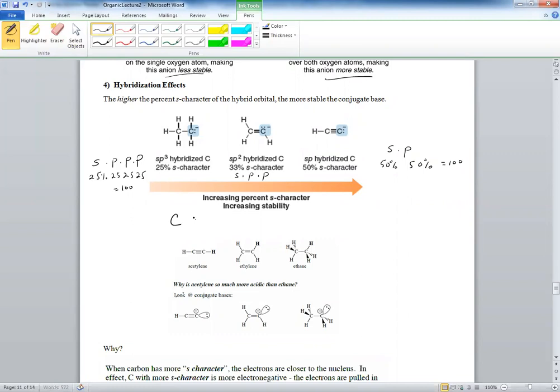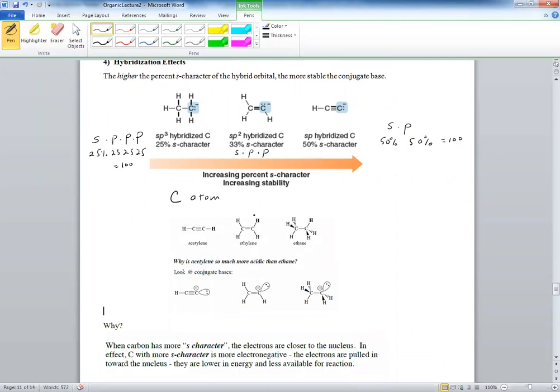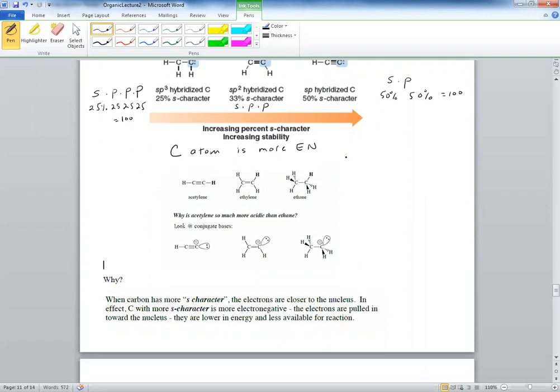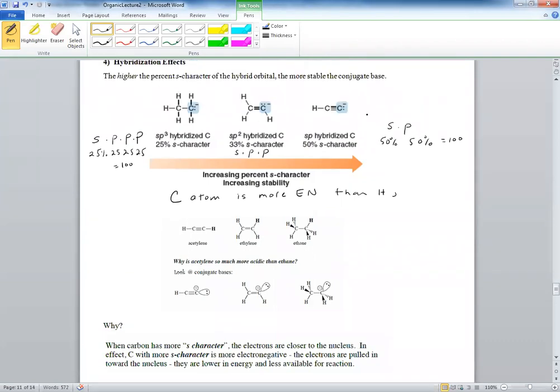The carbon atom is more electronegative than H. And what happens here is that if it's in an sp, it means that you actually have more of this electron density, 50% in the S, and that would be closer to the C.